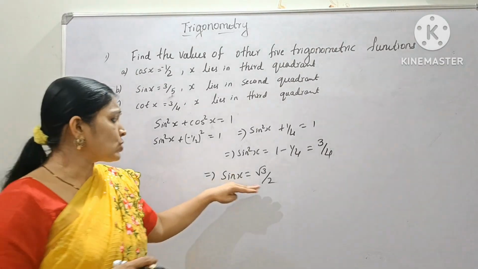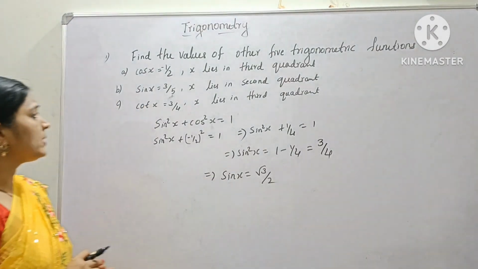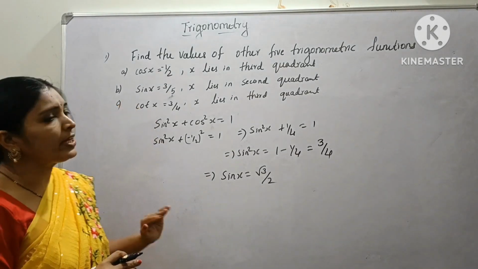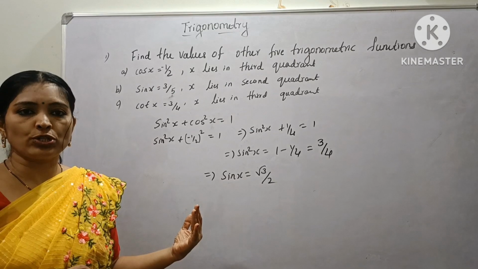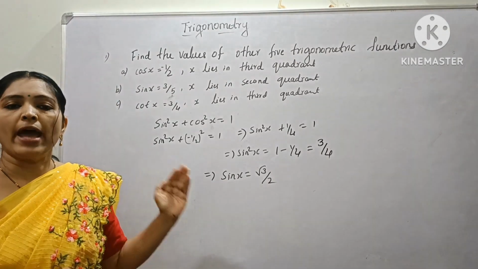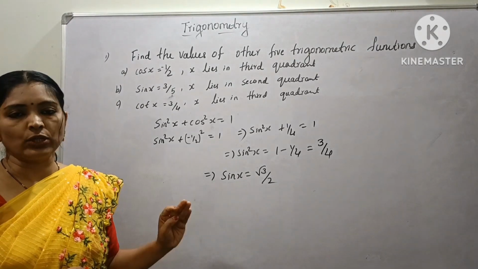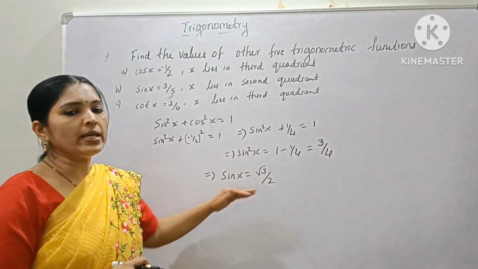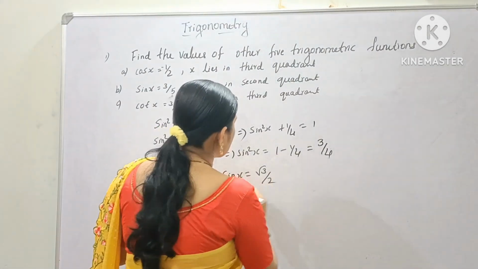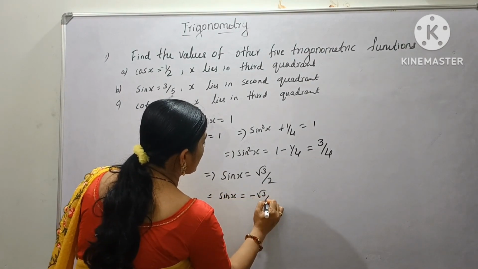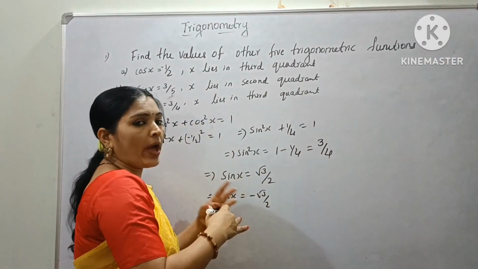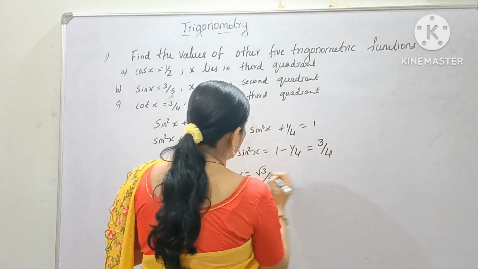So here in the third quadrant, which trigonometric functions are positive? Tan and cot are positive in the third quadrant. So here sine is negative, therefore sin x is equal to minus root 3 by 2. When we take the square root, it will be plus or minus, right?